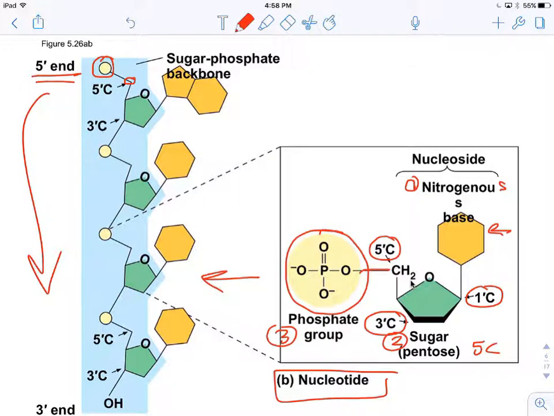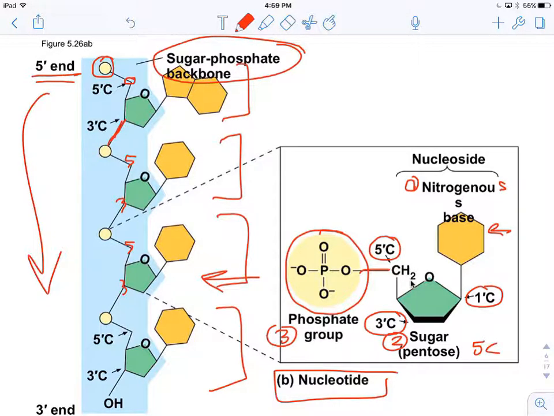We're going to talk about how you make a polymer in just a minute. Here's one nucleotide, here's another, here's 3, here's 4. The next nucleotide is attached to the 3 carbon. So we go 5, 3, 5, 3, 5, 3, all the way down, and we call that our sugar phosphate backbone.